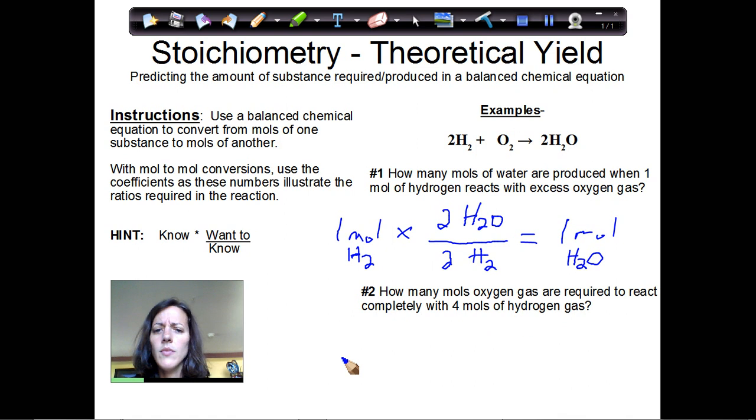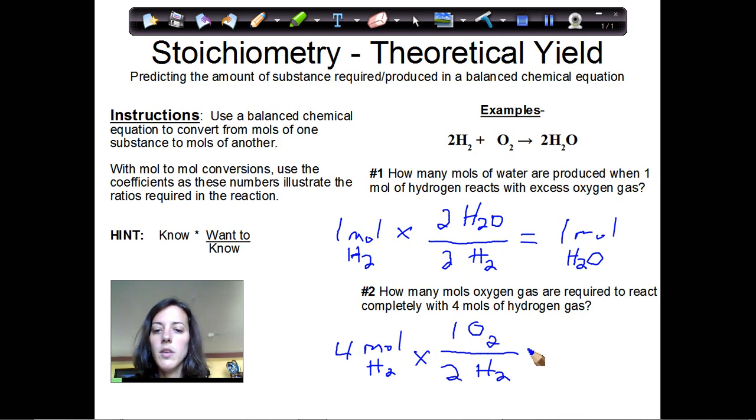So 4 moles of hydrogen gas, that's what we need to convert. And we want oxygen, so we're going to put O2 on the top. We know how many moles of hydrogen there are. The numbers come from the coefficients. So it's 1 oxygen to every 2 hydrogens.